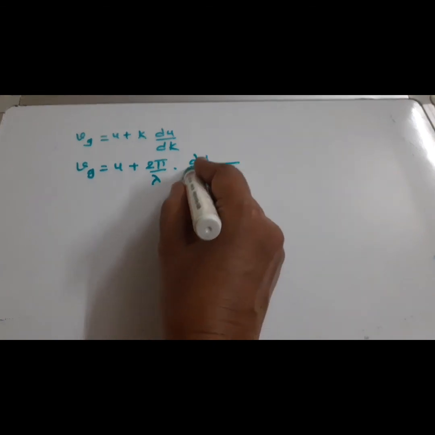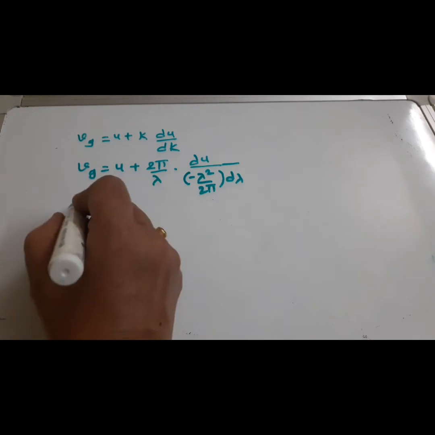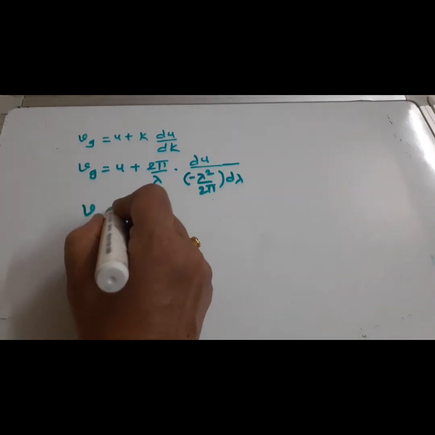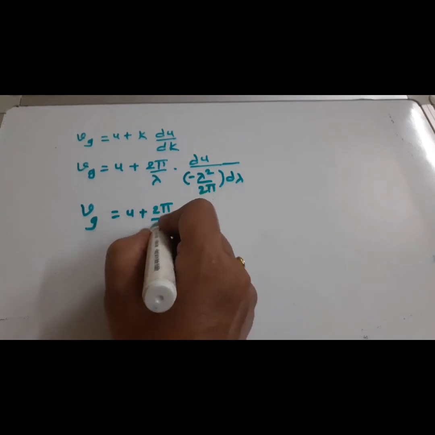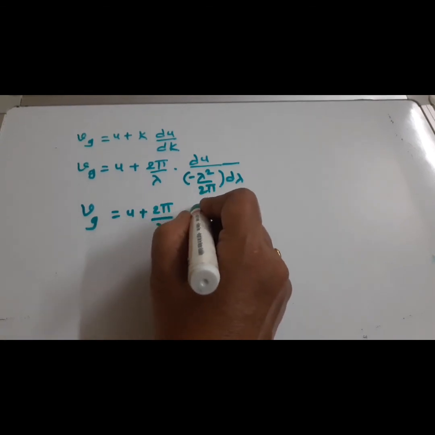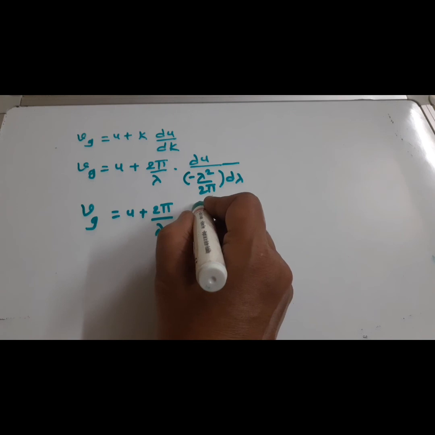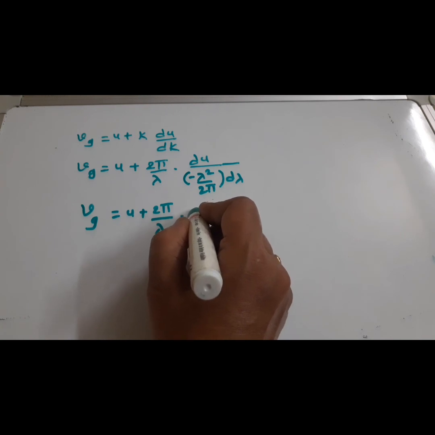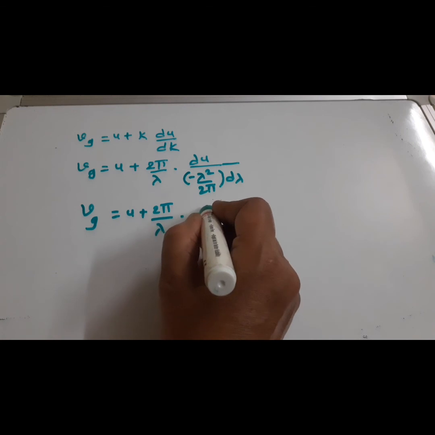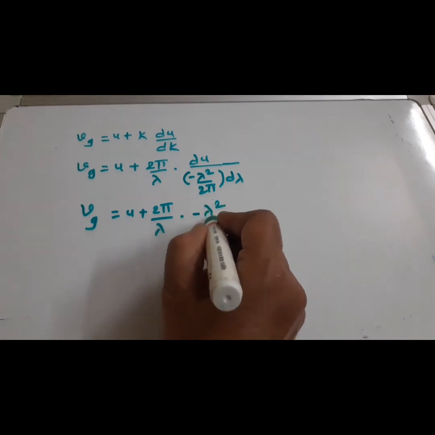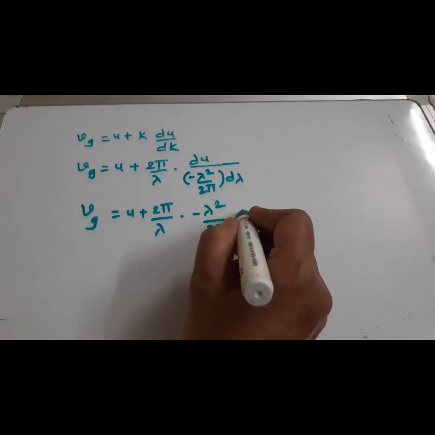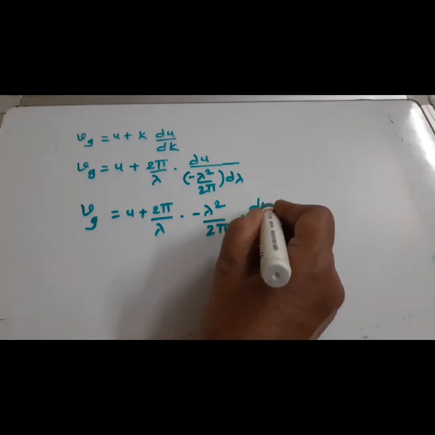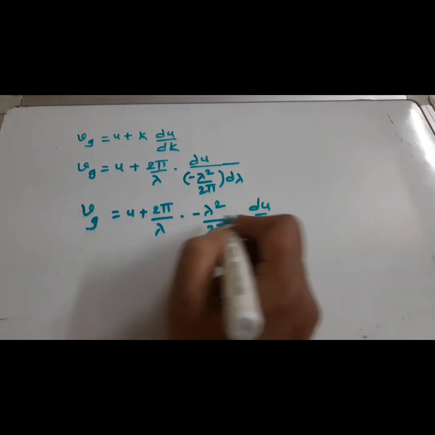Taking the denominator to the upper side and rearranging the equation, Vg is equal to u plus 2 pi by lambda into minus lambda square divided by 2 pi into du by d lambda.